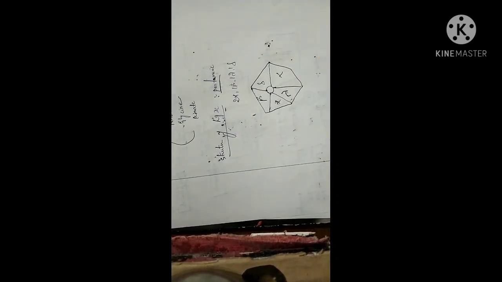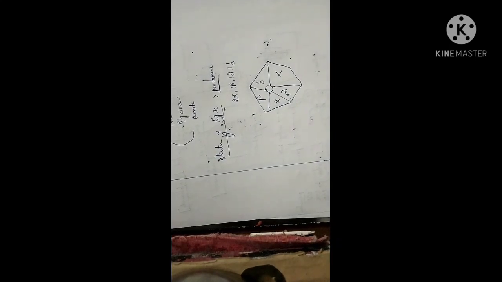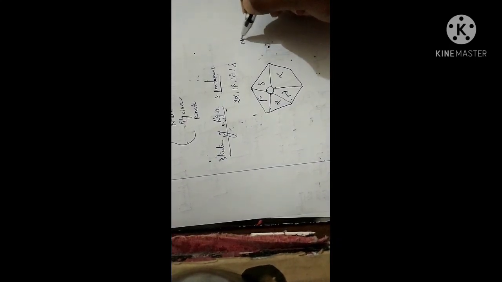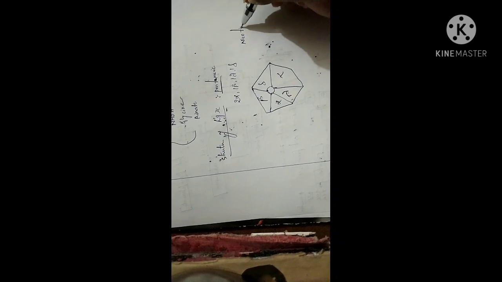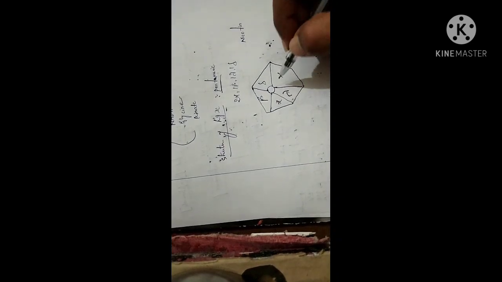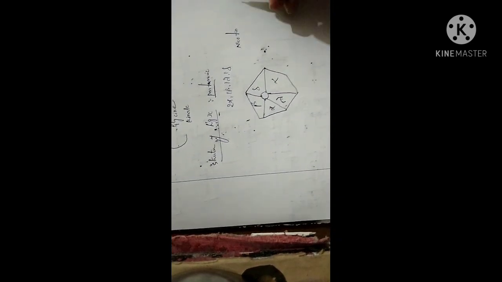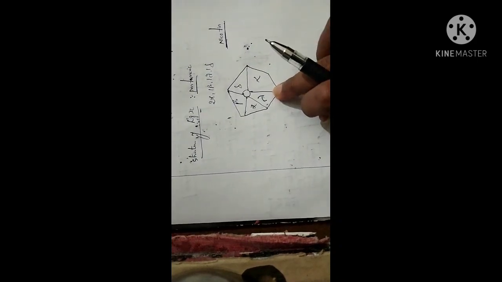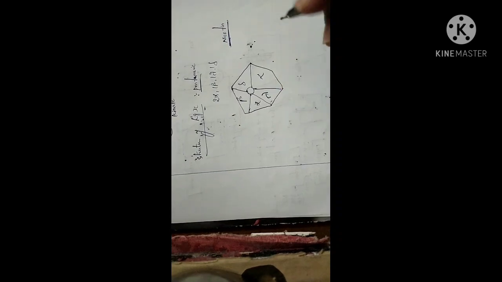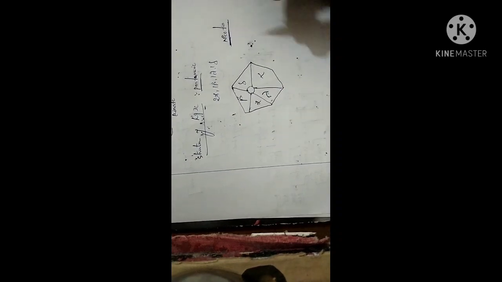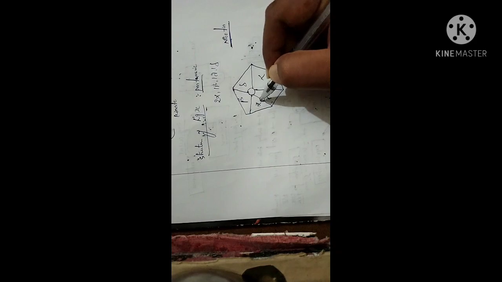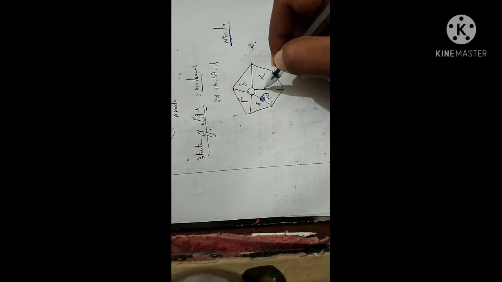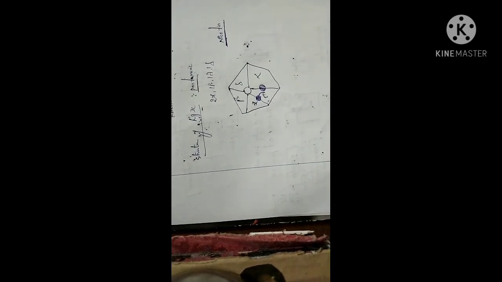For example, we are talking about the nicotinic receptor, the nicotinic ligand gated ion channel. In order to activate this ion channel, there must be 2 acetylcholine molecules that bind between the alpha and gamma subunits.